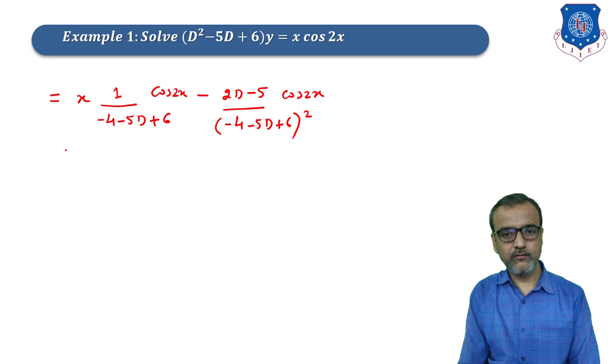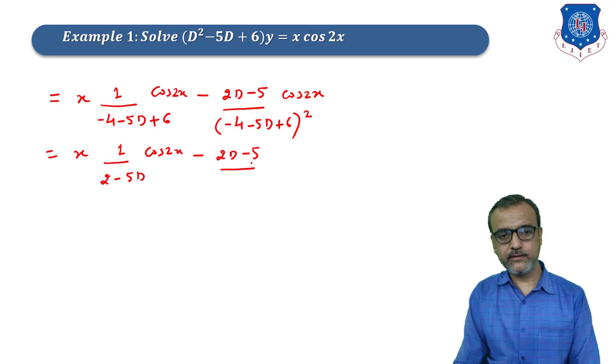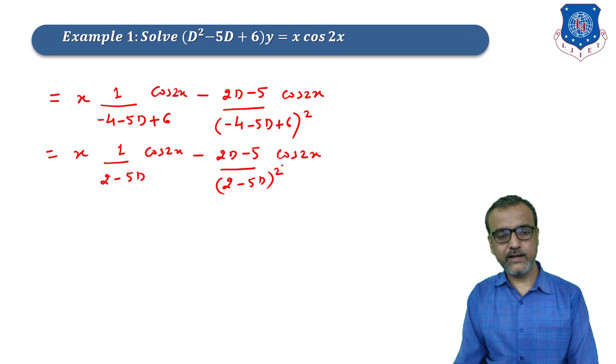Now we will simplify this result. This is equals to x, 1 upon 6 minus 4, that is 2, minus 5d will be as it is, cosine of 2x minus 2d minus 5 will be as it is, 6 minus 4, that is 2, minus 5d, the whole square, cosine of 2x will be as it is.